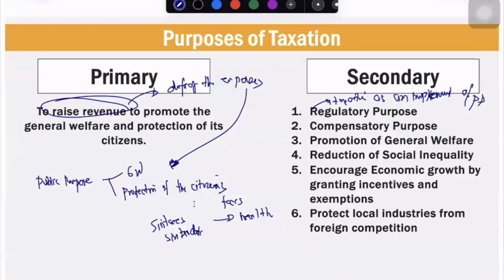Next, the promotion of general welfare. So in promotion of general welfare, again, as an implement of police power, we try to enact a law which tries to regulate, let's say, the usage of cars. So we impose higher taxes so that only a few persons can afford buying cars.